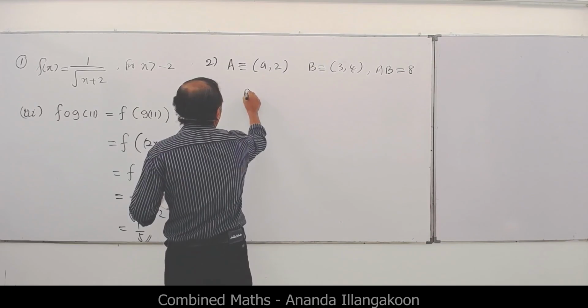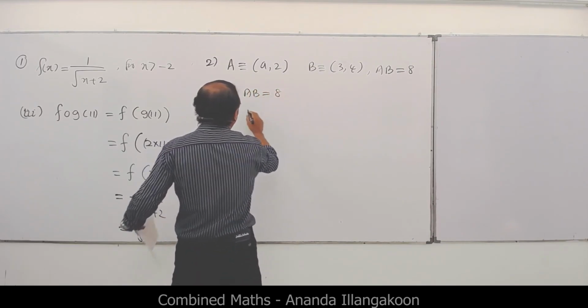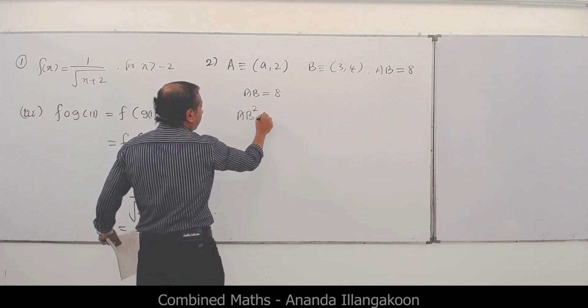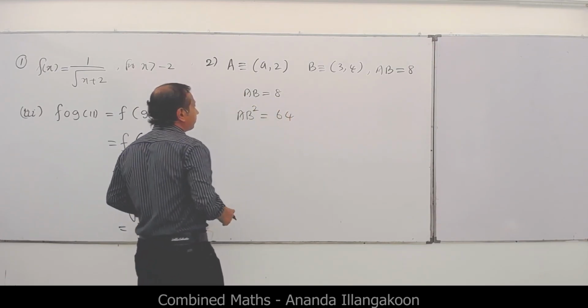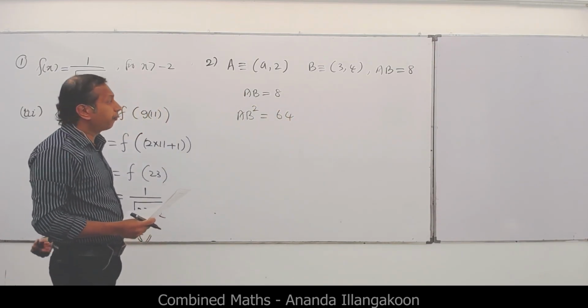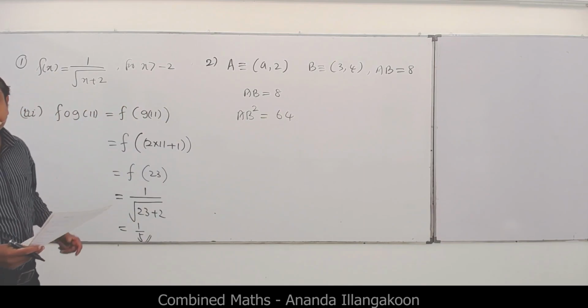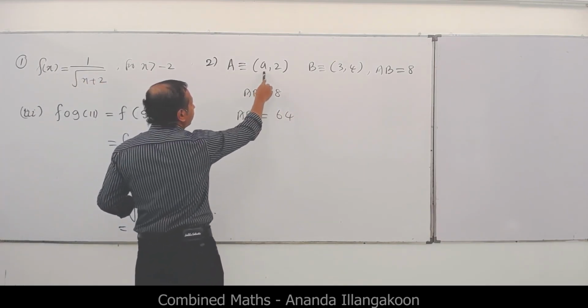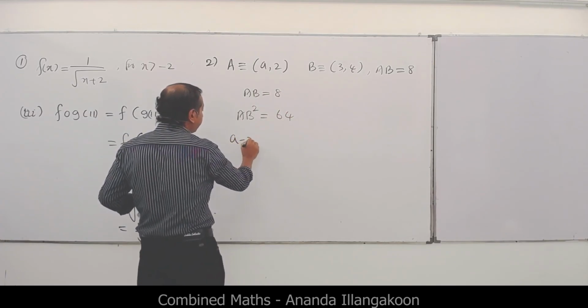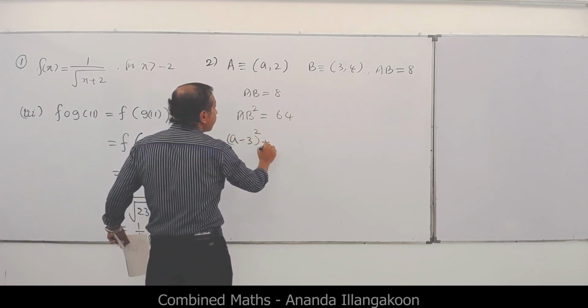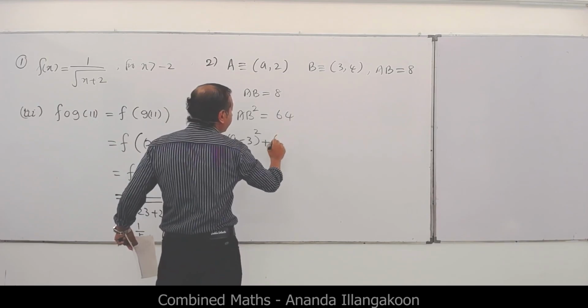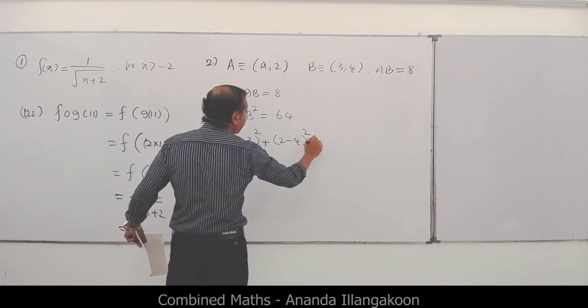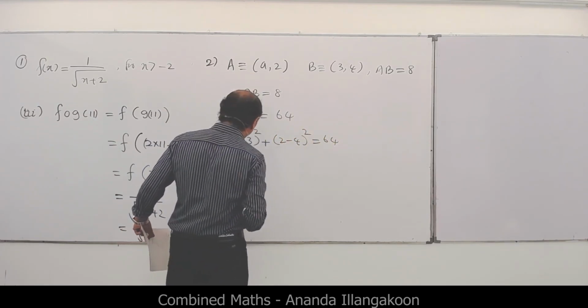AB is 8 means AB squared equals 64, squaring both sides. AB squared we can write as the difference of x coordinates perfect squared plus the difference of y coordinates perfect squared equals 64.